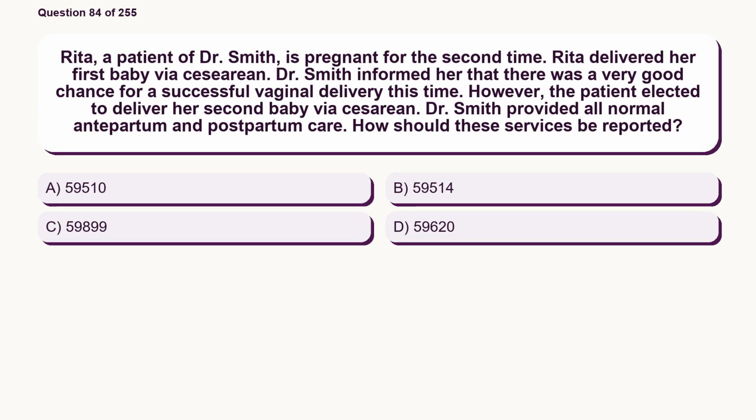Question 84. Rita, a patient of Dr. Smith, is pregnant for the second time. Rita delivered her first baby via cesarean. Dr. Smith informed her that there was a very good chance for a successful vaginal delivery this time. However, the patient elected to deliver her second baby via cesarean. Dr. Smith provided all normal antepartum and postpartum care. How should these services be reported? Option A, 59510.